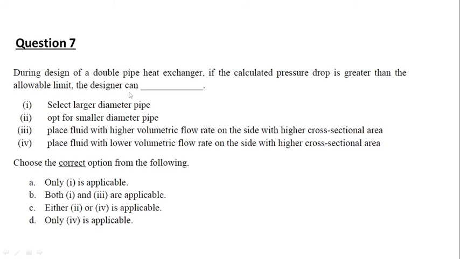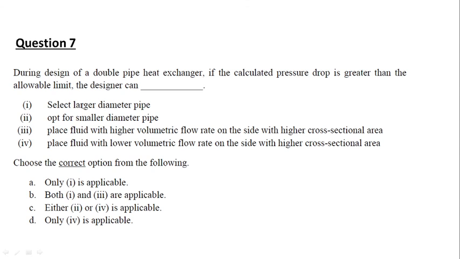If we increase the diameter of the pipe, we can reduce the fluid velocity by the continuity equation, A1 V1 equal to A2 V2. So on increasing the diameter, we can decrease the fluid velocity, and if we decrease the fluid velocity, we can decrease the calculated pressure drop. This is part of designing for pressure drop. If we change the velocity a little bit, then we can obtain a lower pressure drop comparable to the allowable limit.